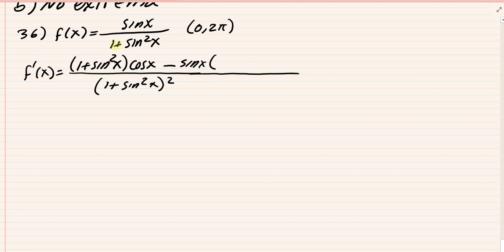The derivative of 1 is 0, the derivative of sine squared is going to be 2 sine x, and then chain rule, the derivative of sine is cosine x.